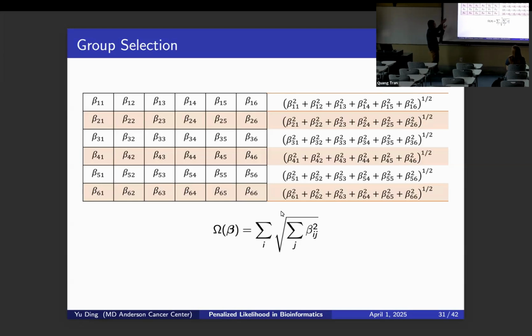I want the result to tell me which rows are significant, or which rows have an effect on the response, instead of individual variables. How to do that? Package the groups as a whole and penalize them as a whole. Package the row by the square root of ridge regression and sum them up.